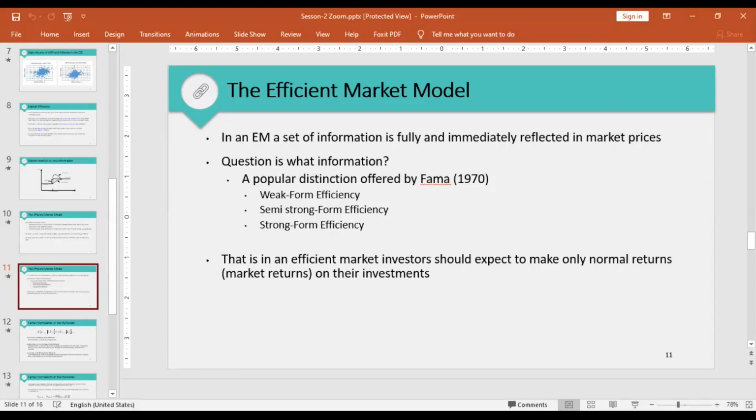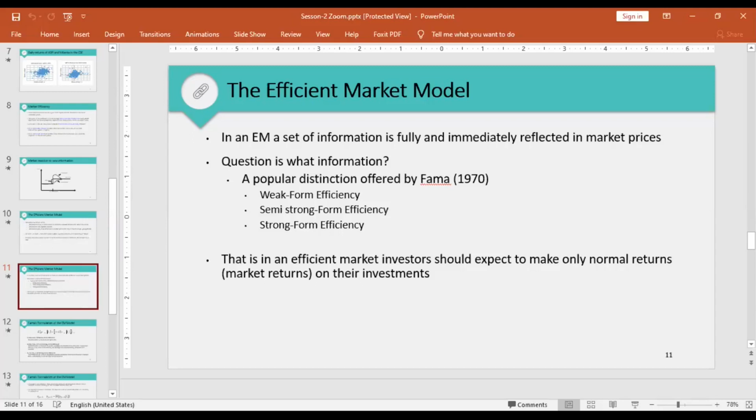To understand each hypothesis, we will have to understand the type of information that is considered under each hypothesis. Now, if you look at weak form efficiency, the hypothesis is that it is impossible to make abnormal return other than by chance, by using past prices to formulate buying or selling decisions.